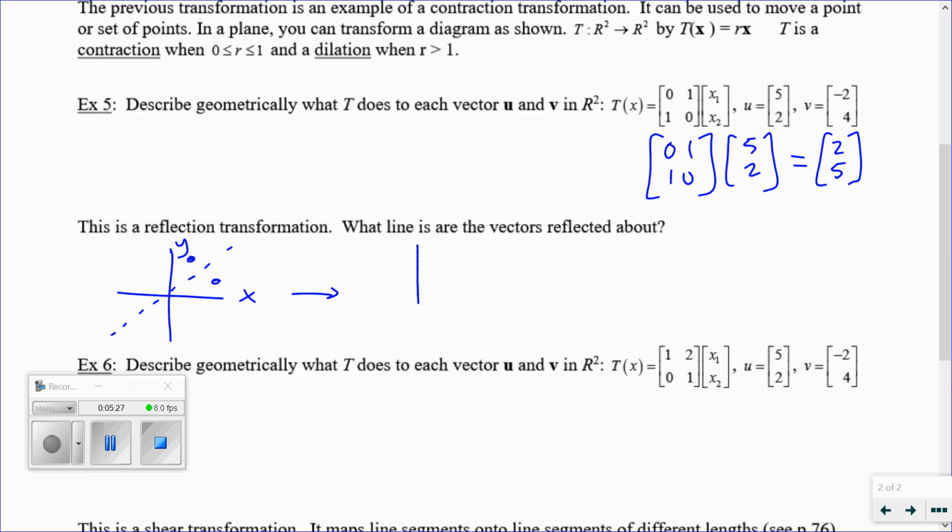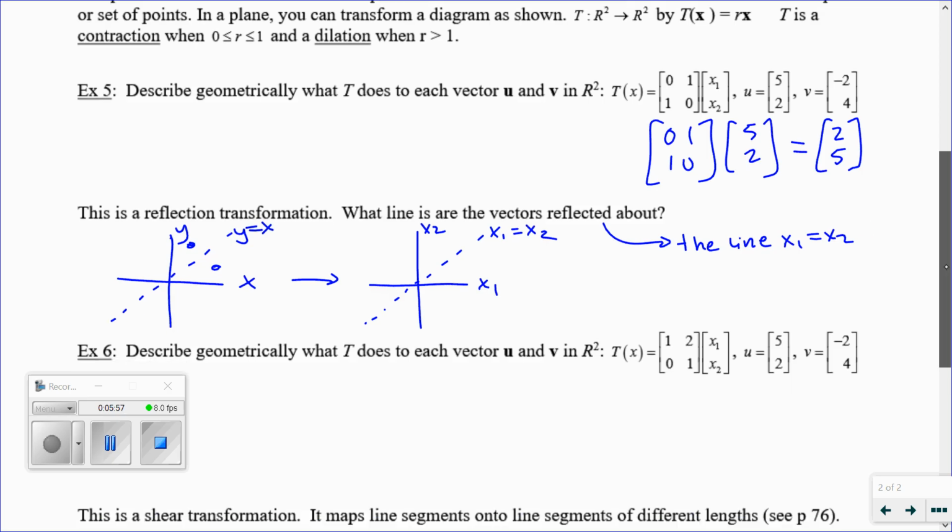So instead they use x1 and x2 when they're graphing something. This was the line y equals x, so this is the line x1 equals x2. You would say these vectors are reflected about the line x1 equals x2. That's what that causes: a reflection over the line x1 equals x2.